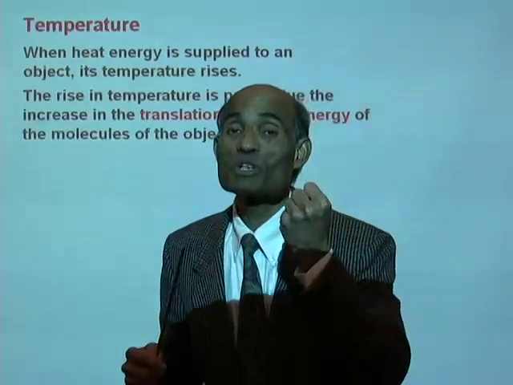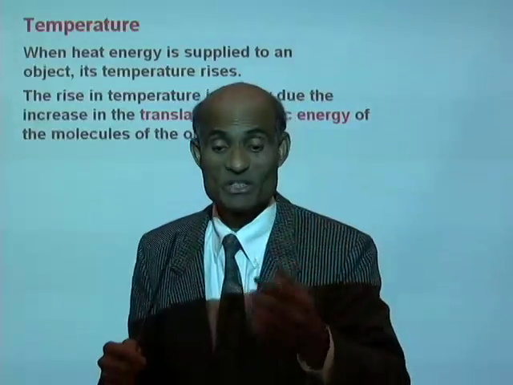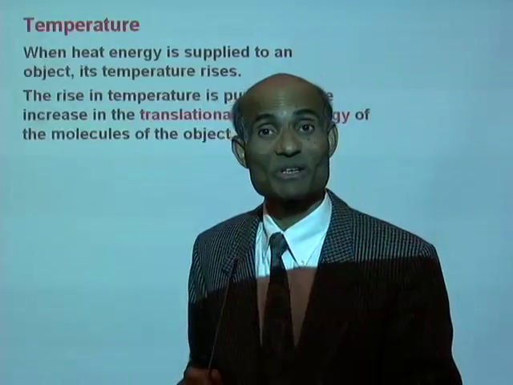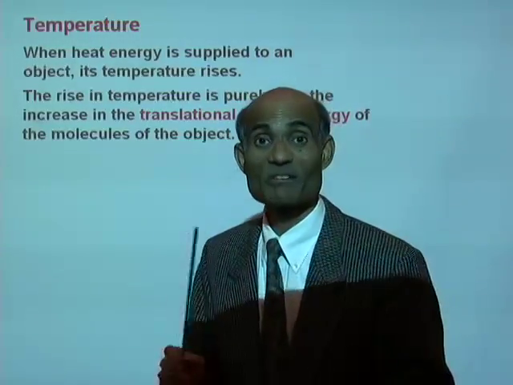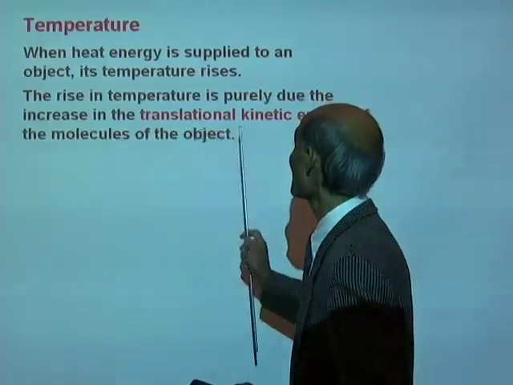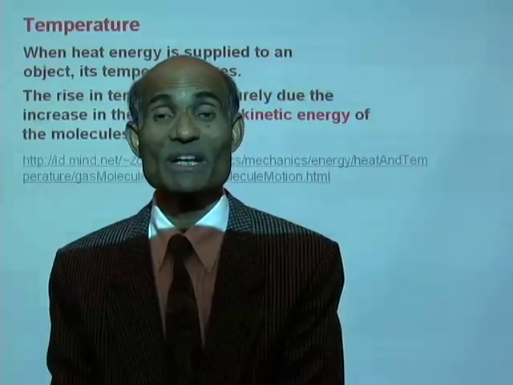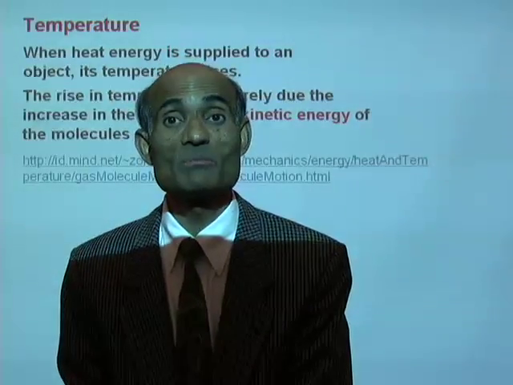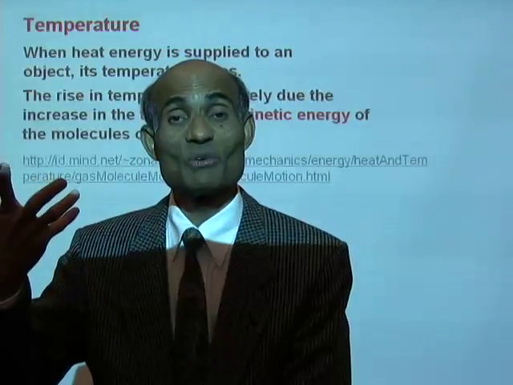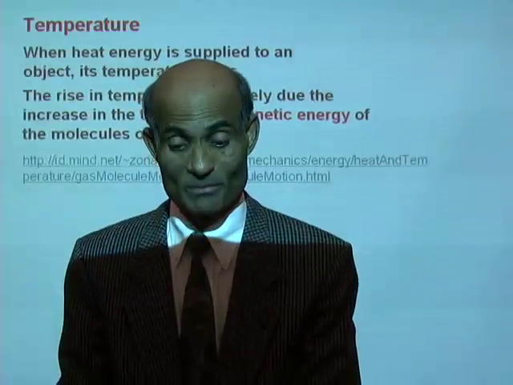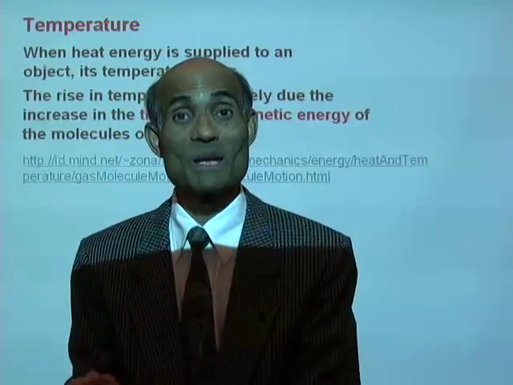A change in potential energy is not registered as an increase or decrease in temperature. So temperature is affected only by the translational kinetic energy. That means when the kinetic energy is maximum, the temperature will be maximum. When the kinetic energy is minimum, the temperature will also be minimum.